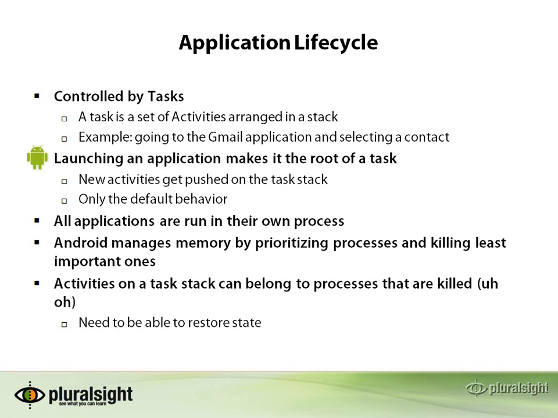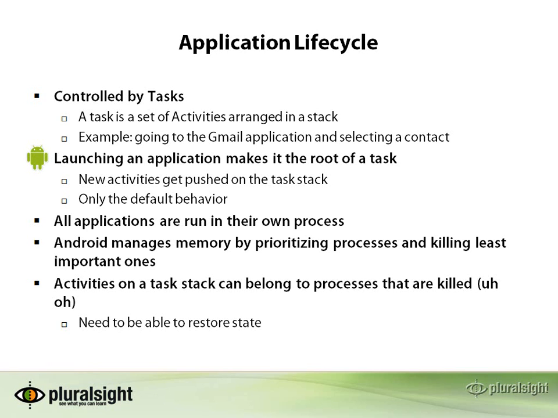One important concept to understand here is that when we launch an application, it starts a new task. When we first launch an application from our home screen, it becomes the root of the task. And as we said before, the new activities get pushed on top of the task stack as you navigate through that application and perhaps, not even knowing it, go through different applications.